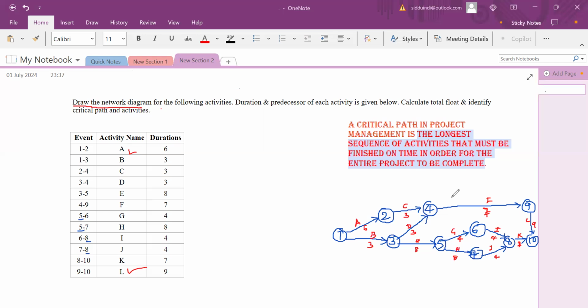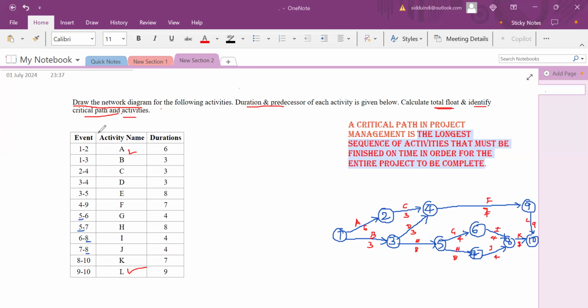Now see here. The next thing is the duration and predecessor of each activity. With respect to that, we have drawn the network diagram. Now we have to calculate total float, and identify the critical path and those activities that belong to the critical path.